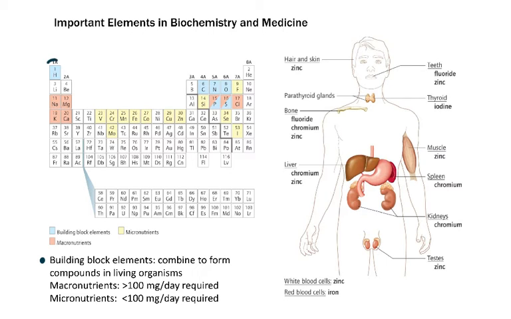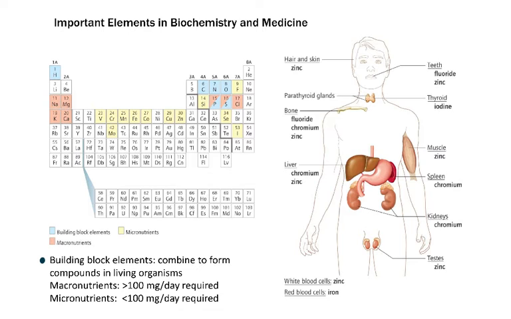Compounds that are made from hydrogen, carbon, nitrogen, oxygen, phosphorus, and sulfur. So they're elements in the top of the periodic table, few protons, small as well. But these are the ones that basically build up all compounds in our bodies.